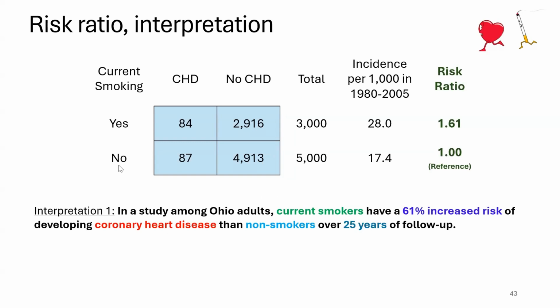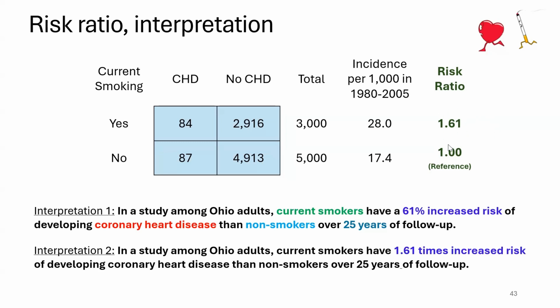So we can interpret this as among those who currently smoke have a 61% increased risk of developing coronary heart disease than non-smokers among this particular study population. So we see 61%. So what this means is that because 1 represents the same risk, we would add anything on top of that as being the amount of increased risk. Sometimes that's harder for people to interpret.